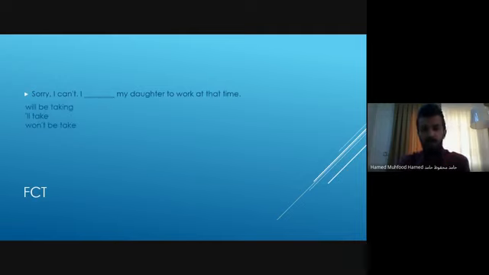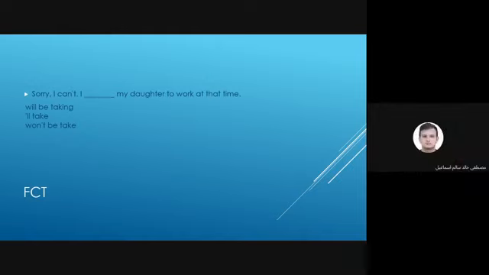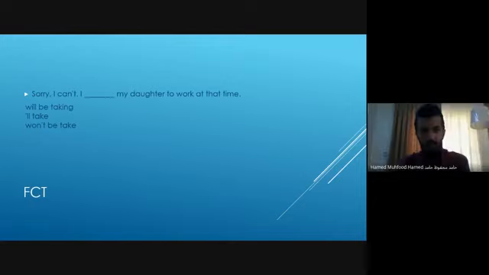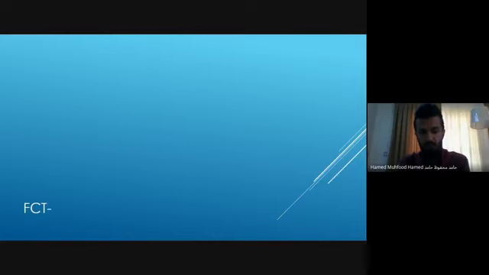You see, in all of these sentences, we are specifying an exact period of time in the future. Mustafa? I can't. I will be taking my daughter to work at that time. Yes, that's right. So we are done.